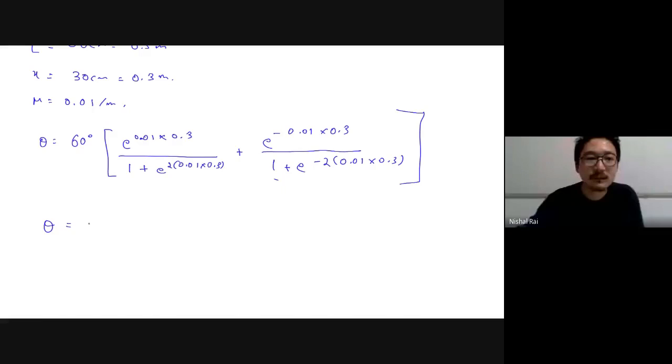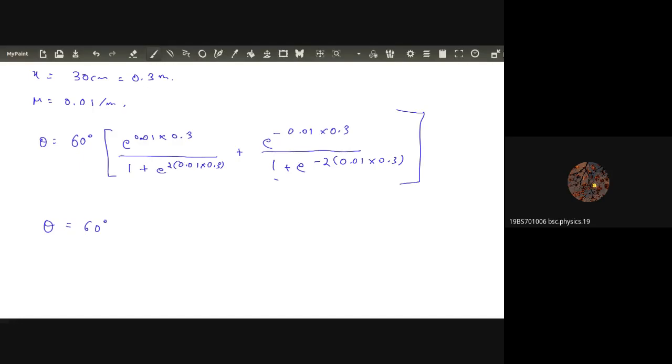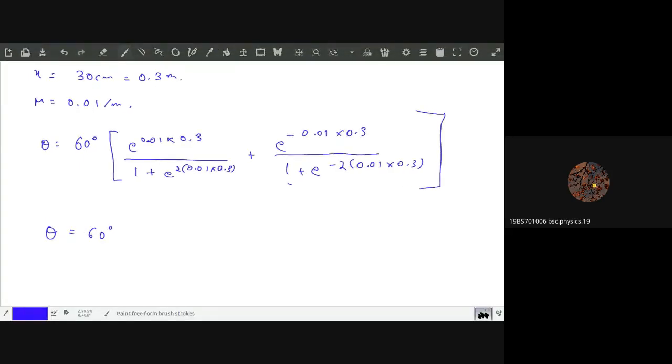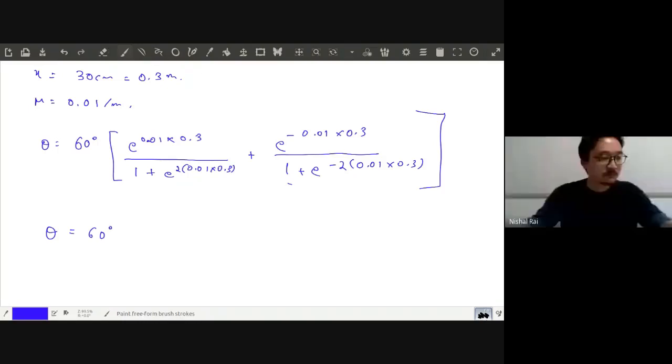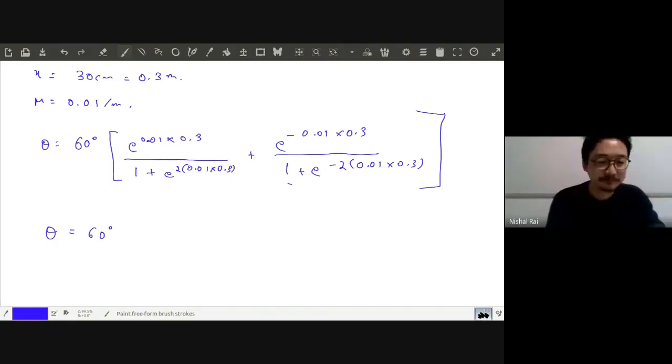If you compute this, how much will you get? Use a calculator. e to the power 0.01 into 0.3 is about 1.003.